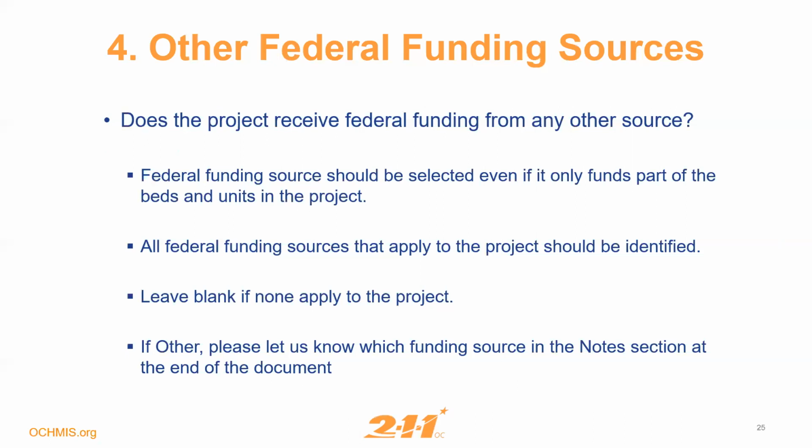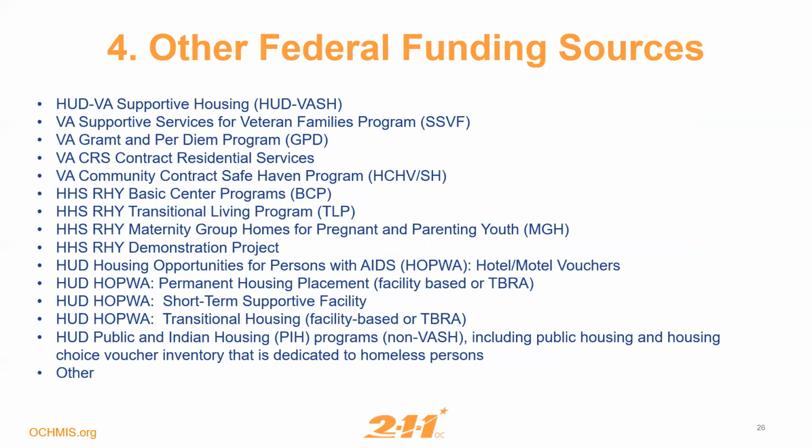One of the options in the dropdown for this question is other. If you select other, please let us know which funding source this is in the notes section of the HIC Answer Form, just so that we can ensure that that funding source is a federal funding source. Examples of federal funding sources are SSVF, BCP, and HOPWA.